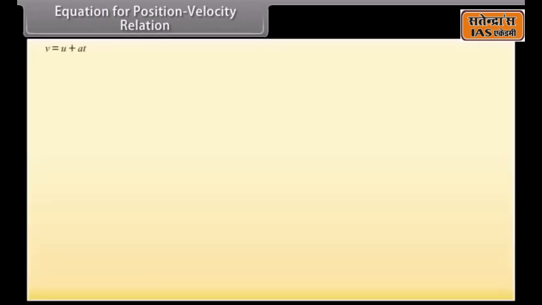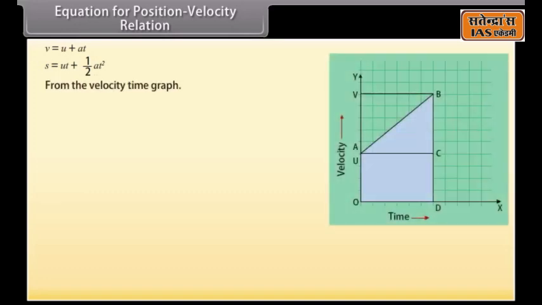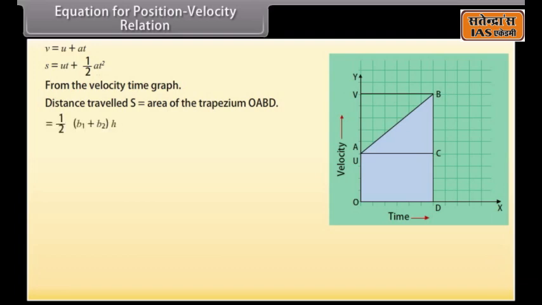Equation for position-velocity relation. The third equation will be obtained from these two equations. From the velocity-time graph, distance traveled s is equal to the area of the trapezium OABD. This is 1 upon 2 into B1 plus B2 whole into h, which is equal to 1 upon 2 into OA plus BD whole into AC.